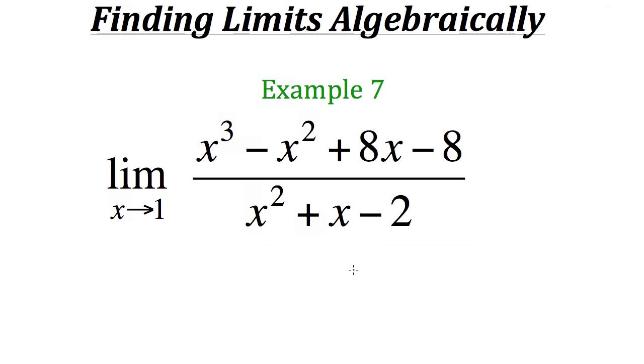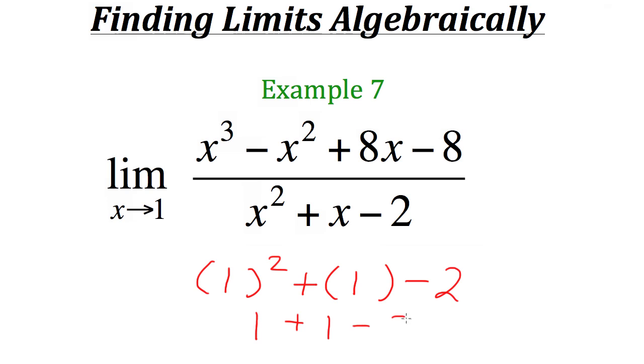So if we find the limit of x squared plus x minus 2 as x approaches 1, we'll want to plug in 1 for that x value. So we have 1 squared, which is 1, plus 1, which is 2, and then minus 2 from that does give us 0.